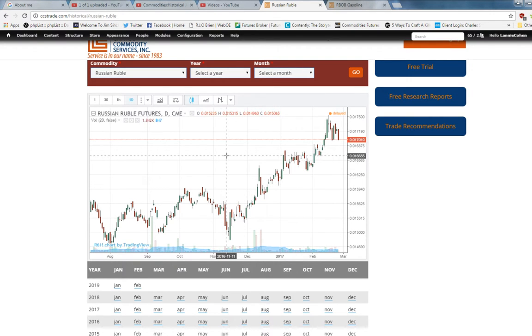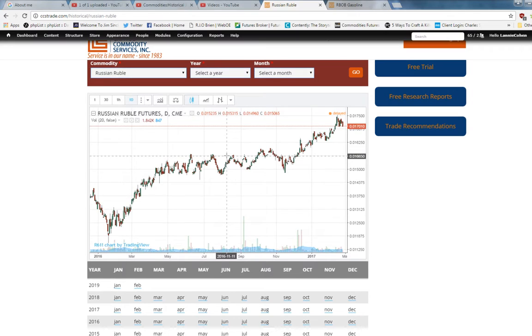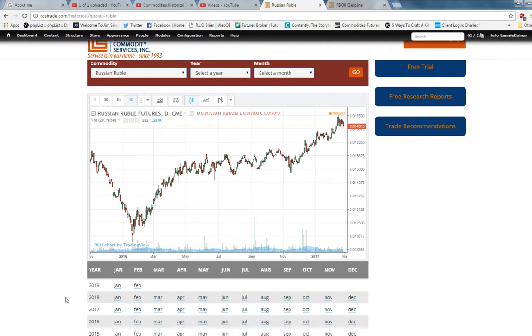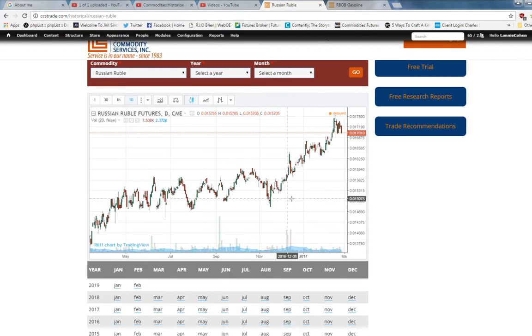It's called a continuation chart because it takes the most current active month, let's say January, plots it, and then continues into February, which will be the next most active month, and then March, April, May, and that's why it's called a continuation chart.